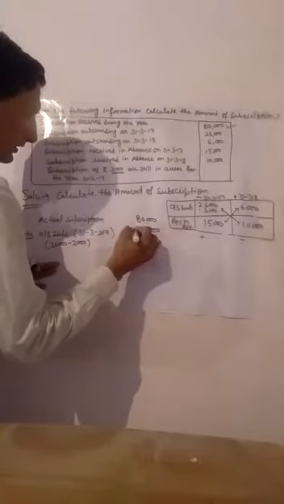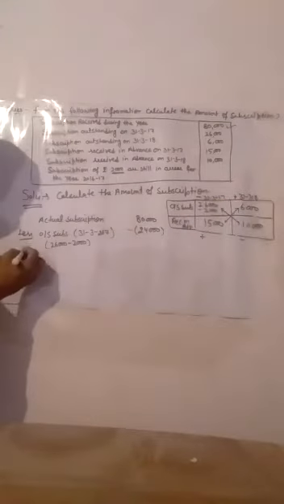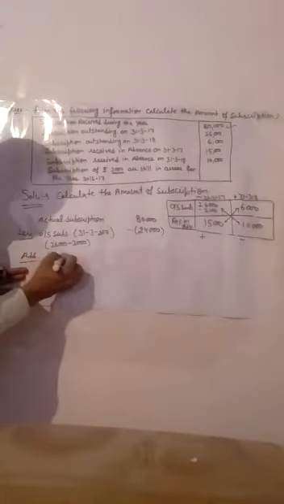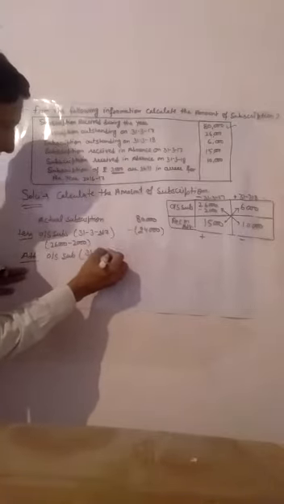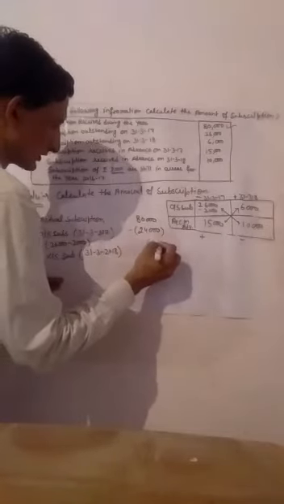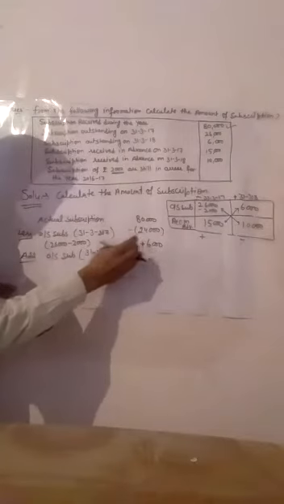Write it in the column. Again, for 2018, add outstanding subscription at 31st March 2018. The amount is 6,000. That value will be added to the subscription.